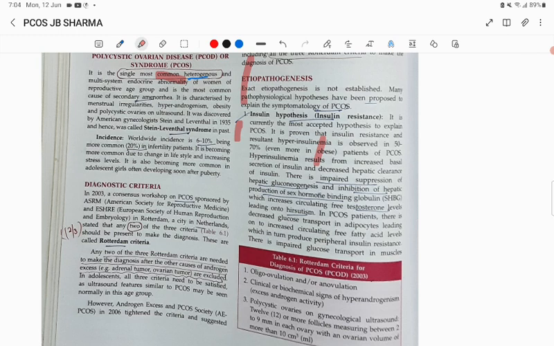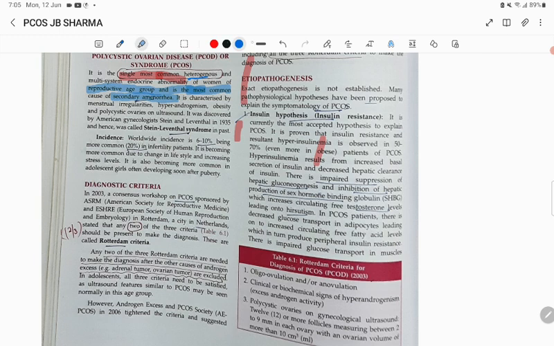PCOD is the single most common heterogeneous multi-system endocrine abnormality of women of reproductive age group. The most common cause of secondary amenorrhea.